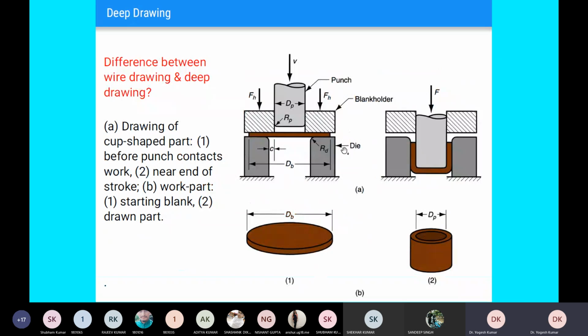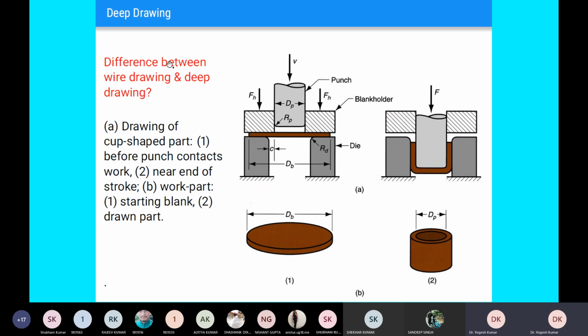Okay, so first we have to understand how this deep drawing is different from wire drawing. One may be confused with wire drawing or tube drawing process. So how is this deep drawing process different from your conventional wire drawing or tube drawing process?